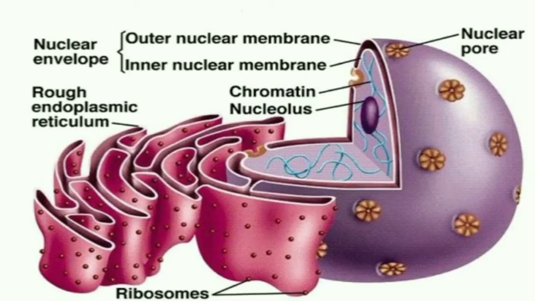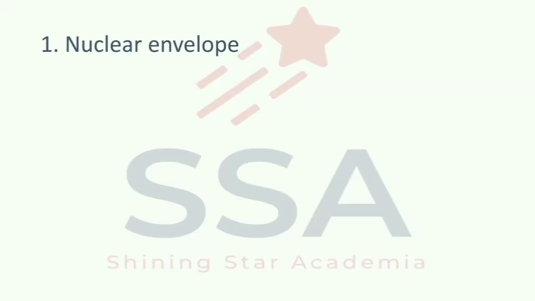As we can see in this figure, the nuclear envelope is present surrounding the nucleoplasm and is divided into outer nuclear membrane and inner nuclear membrane. On the outer nuclear membrane, nuclear pores are present and it is connected with the rough endoplasmic reticulum. In the nucleoplasm, chromatin and nucleolus are present. So let's start with the nuclear envelope.